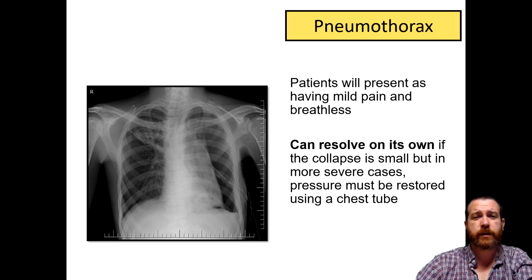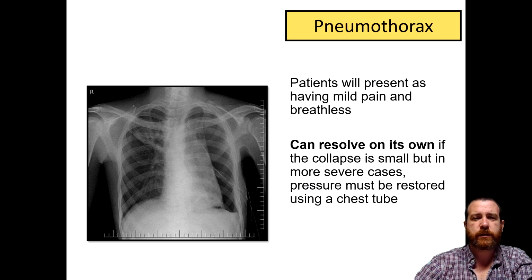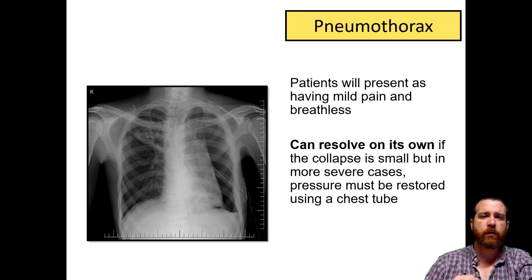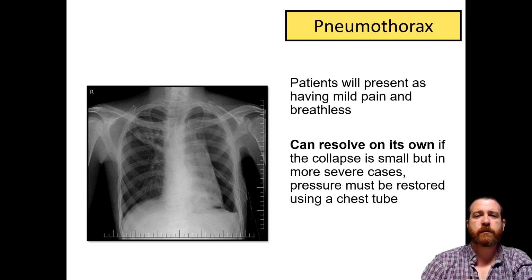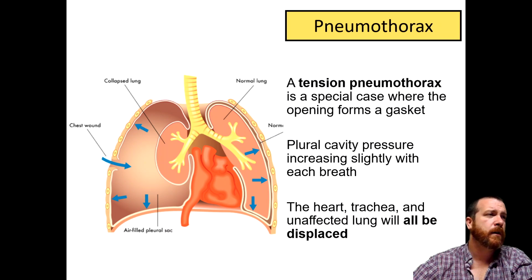We're not really going to go in and do surgery or something like that to try and deal with this. Most of the time, unless it's both lungs that are actually deflated, the other lung can deal with this issue for at least a relatively short period of time until whatever hole is causing that air to leak in will get fixed on its own. Right? So we don't particularly intervene too often in pneumothoraxes.